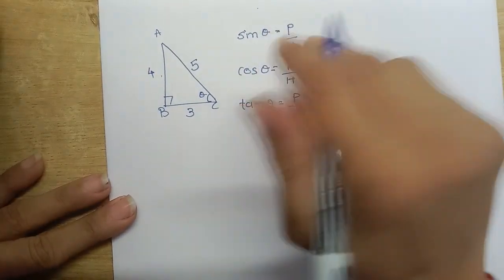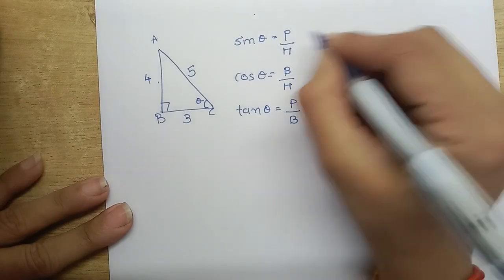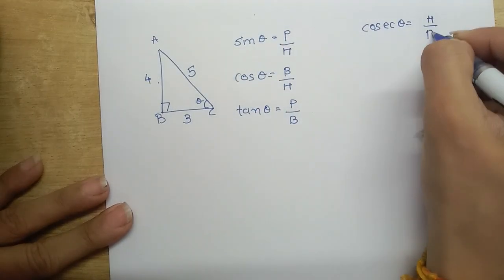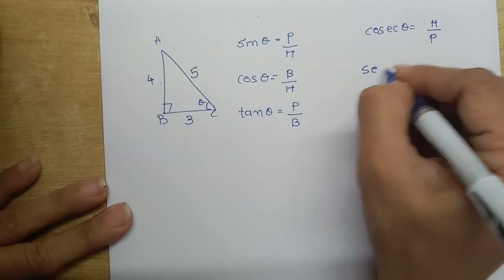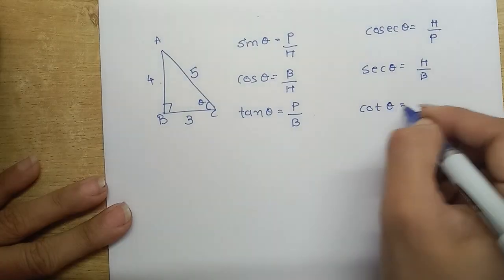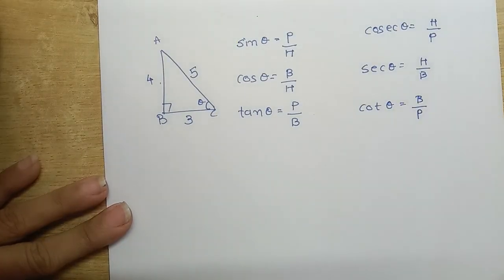Now we have to swap the things. The opposite of sine is cosec. Cosec theta is hypotenuse upon perpendicular, sec theta is hypotenuse upon base, and cot theta is base upon perpendicular.